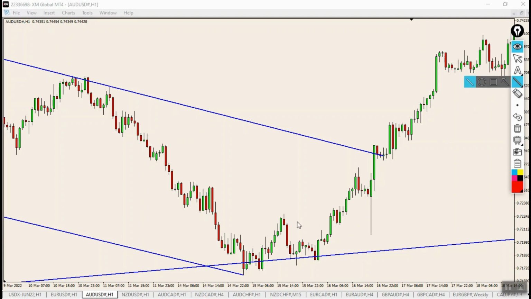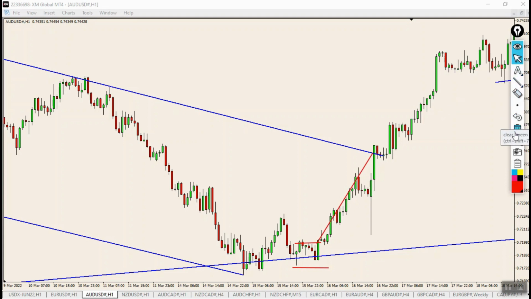You enter here, right as the market confirms. You place your stop losses just below or above, and you ride the momentum all the way to the high.